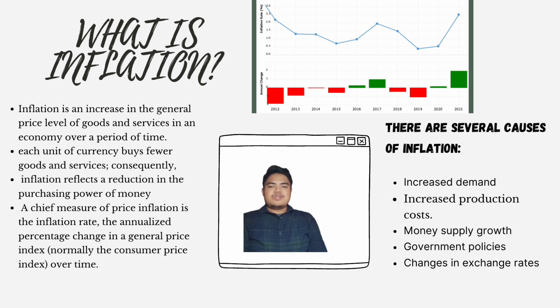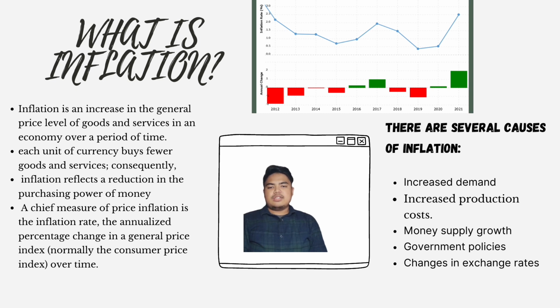This graph shows the inflation rate and annual change for Korea from 2012 to 2021. From 2012 until 2015, the inflation rate consistently decreased from 2.19% to 0.17% in 2015, then increased two years later to 1.4% in 2017.